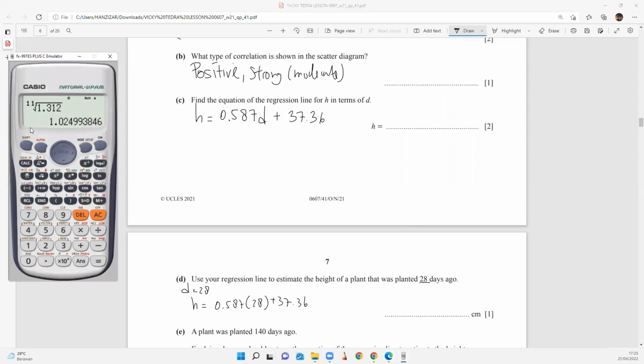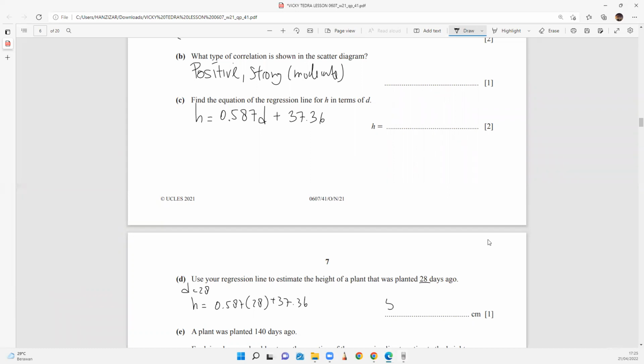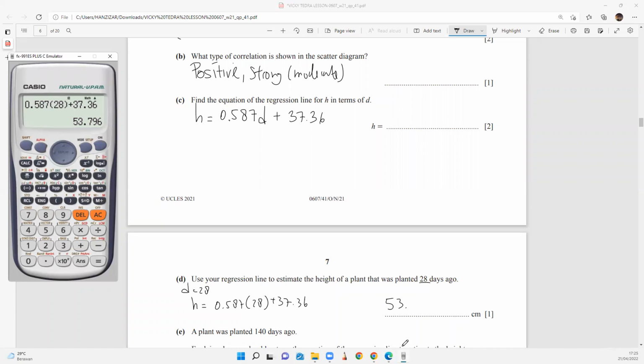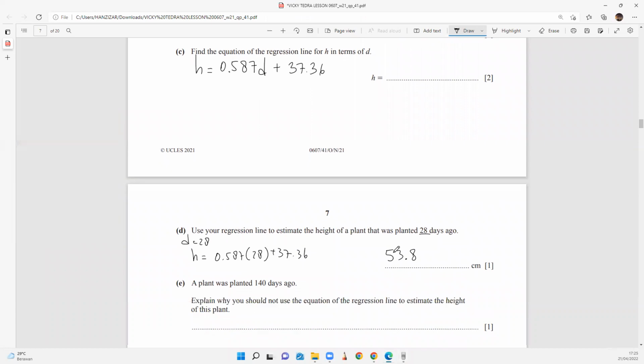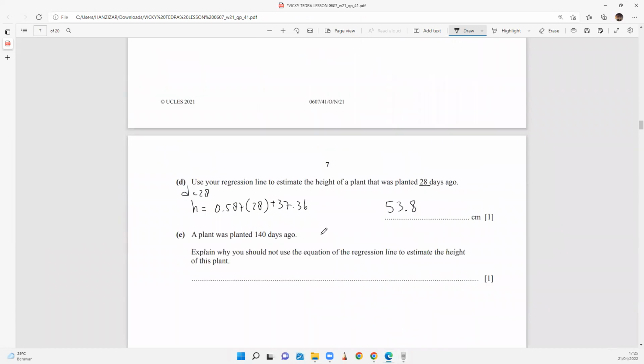Again, on the calculator, 0.587 multiplied by 28 days, and then you need to add 37.36. I don't want to go too fast because I'm afraid that I did something wrong. Use 3 significant figures.